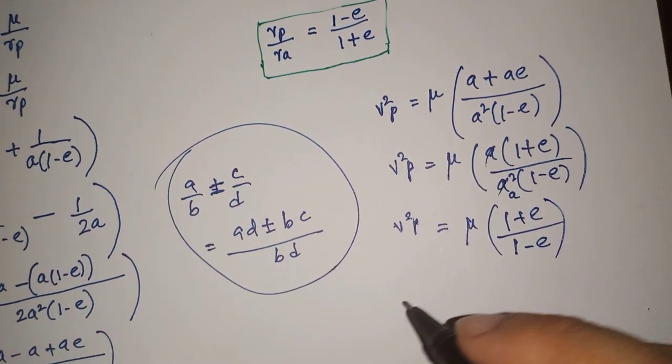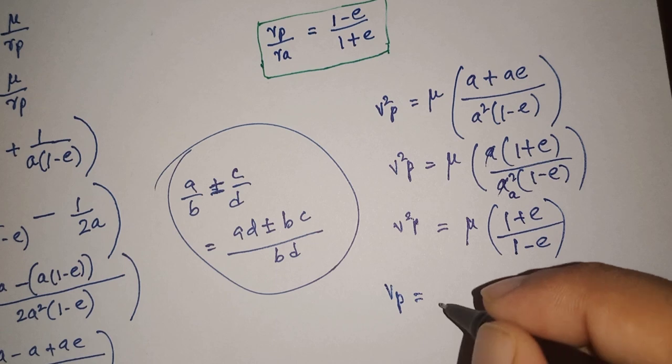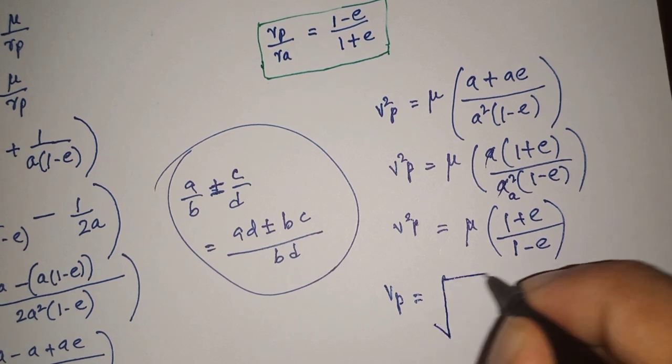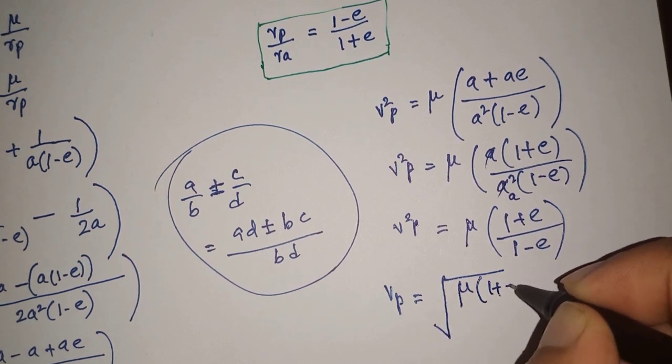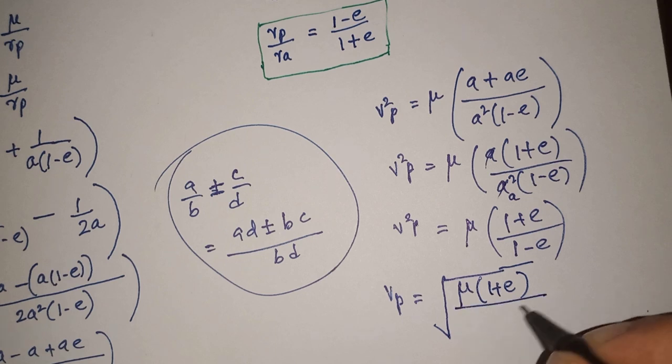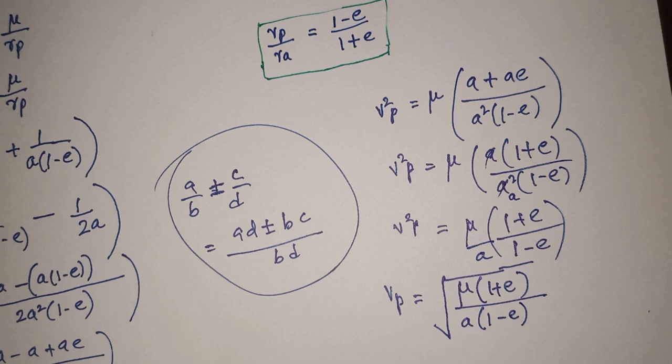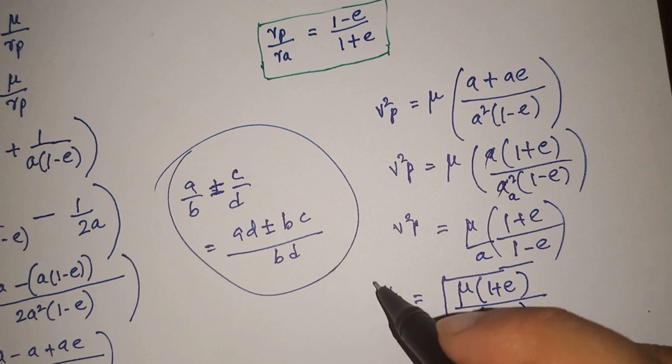And if you take vp, then vp is going to be plus or minus root of mu into 1 plus e divided by a into 1 minus e. So this is my expression for the perihelion velocity.